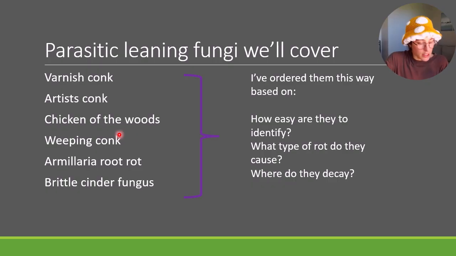Generally, I would consider more root rotters to be more concerning, because not only is it what's happening to the tree, but it makes it much more difficult to understand how much of the tree has actually been decayed. Unless you do a root crown excavation, you really can't know with some of these fungi that are lower on this list. All right, so just keep that in mind. Again, I'm not saying that some are not concerning. It's just a relative thing.